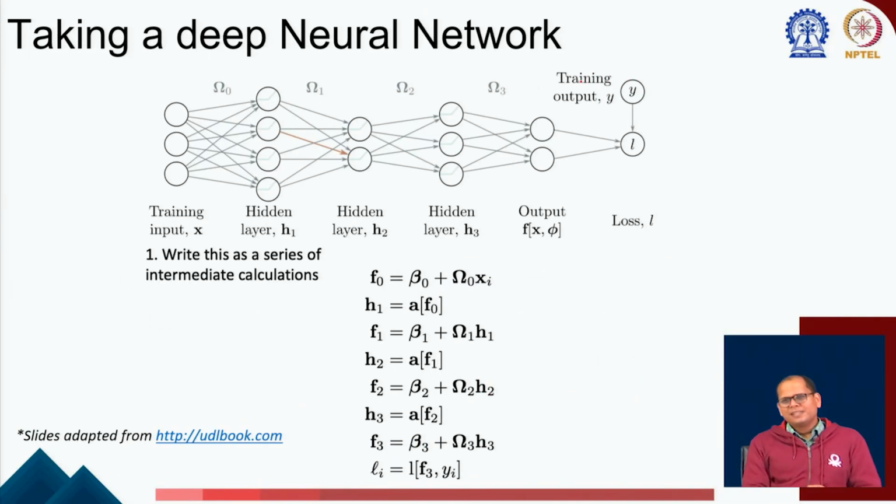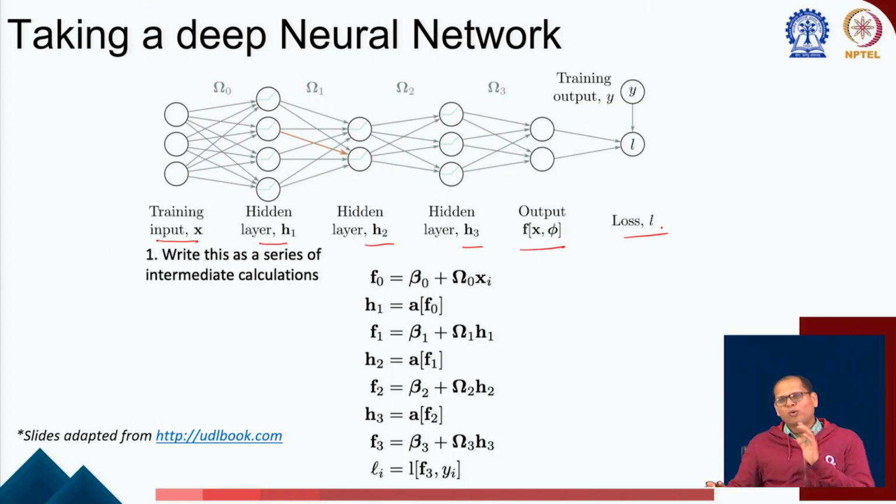Okay. Now we can see what happens in my actual deep neural network. So now I will not be dealing with simple scalars, but I will have these matrices and vectors that are getting multiplied. So this is my training input x, my hidden layers h1, h2, h3, my output, and the loss, right. I will follow a very similar strategy.